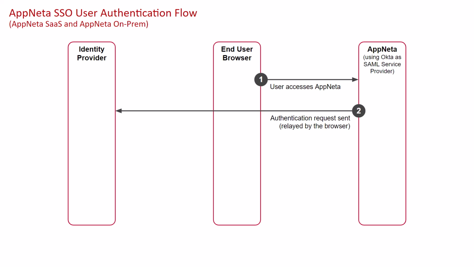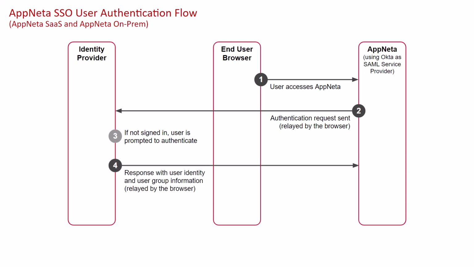The request is relayed to the identity provider by the browser. If the user is not already authenticated, the identity provider will prompt the user to log in. When the user is authenticated, the identity provider sends a response with the information needed to determine whether to permit the user access to AppNeta. If the user should have access, they are permitted access to AppNeta with the appropriate user role.